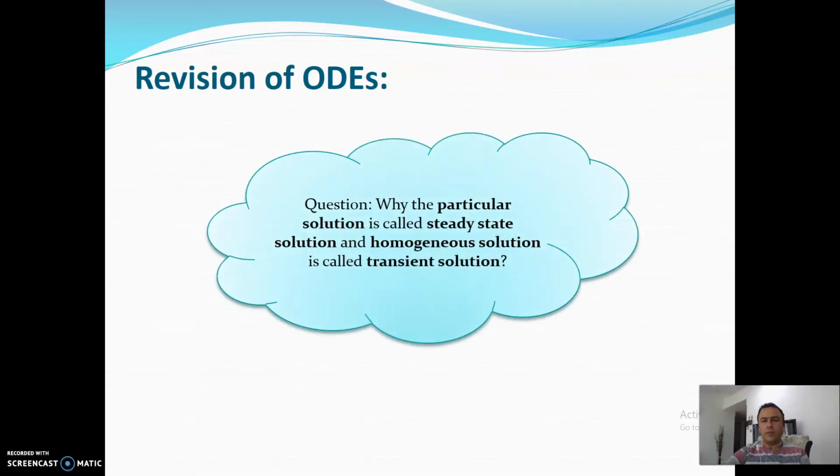And here is a very important question that I want to pose, and you are supposed to answer it in the forum, or you can send me an email. Why is the particular solution called the steady state solution and the homogeneous solution called the transient solution? I mean, in vibration we call the particular or non-homogeneous solution the steady state solution, and the homogeneous solution is called the transient solution or free vibration solution.